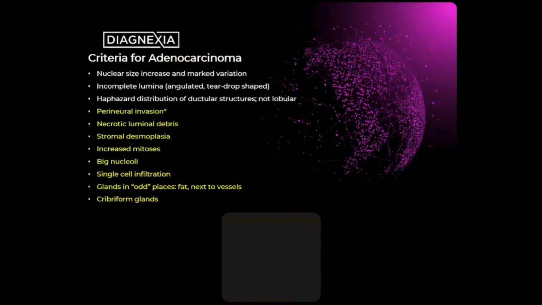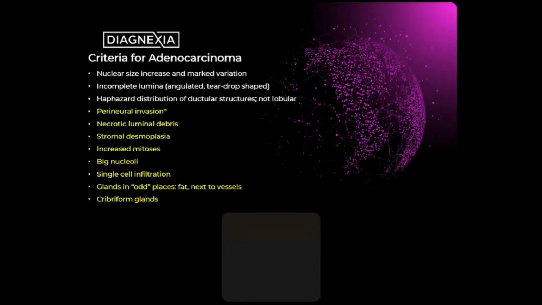Okay, so if I want to elaborate on the morphological features that help you make a diagnosis of adenocarcinoma, there are three primary ones, or major criteria, if you like: the nuclear size, which is increased, and marked variation in nuclear appearance. I've mentioned that. Incomplete lumina, so they are either obliterated or angulated or teardrop shaped.